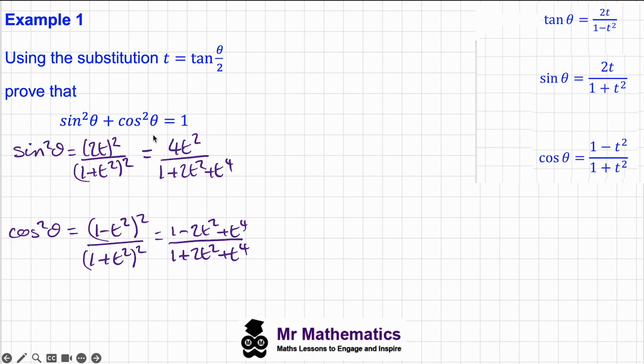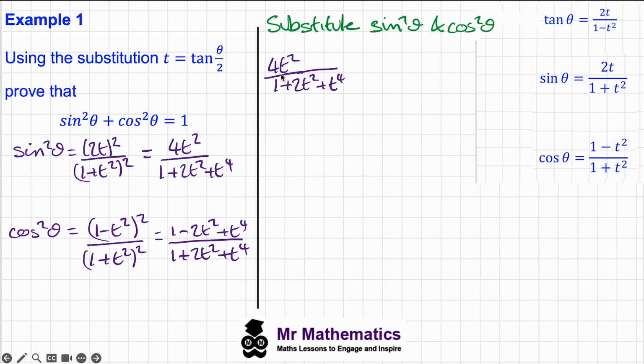We can substitute these back into our identity, and we get sine squared theta plus cos squared theta will equal 1. Now we can add these two fractions together because they've got a common denominator.